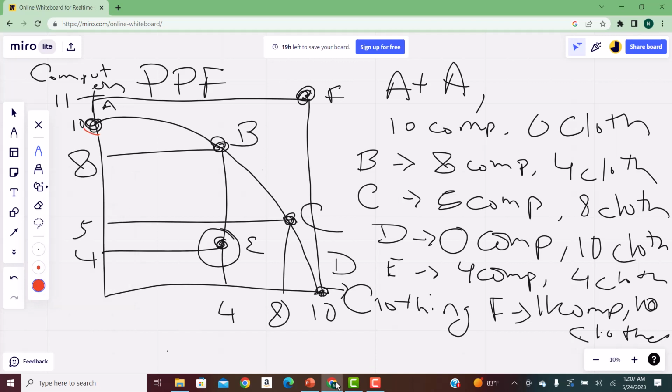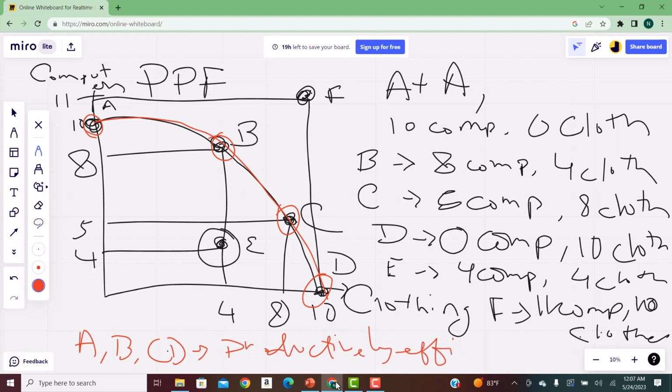So if we are on the curve, if we are at any point on the curve, A, B, C, and D, all these points are productively efficient. A, B, C, D, productively efficient. Now, if you remember a little bit ago, I just explained what productive efficiency is.